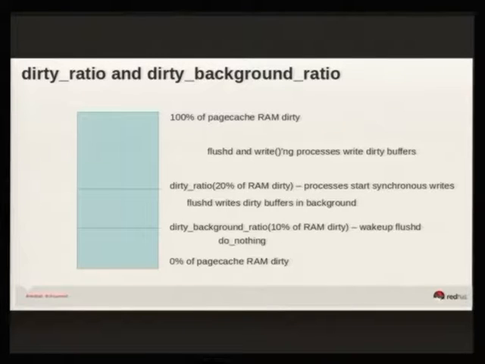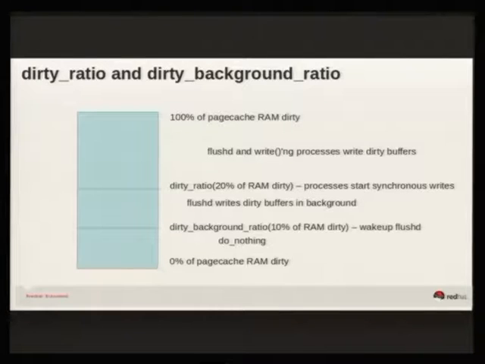Basically, if you do a sync, it writes out all the contents of the page cache back to disk, and you start out with 0% of the page cache being dirty. You start doing file system write operations, and those pages start getting modified, so the percent dirty goes up.